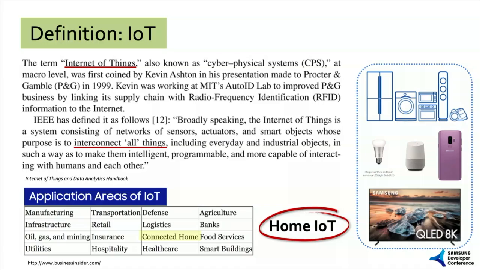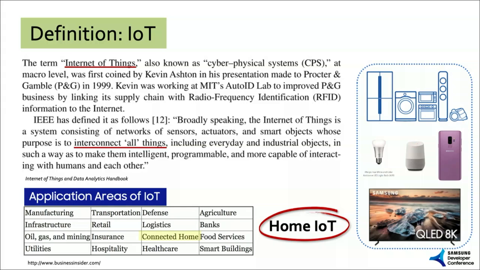Today, I'm going to talk about how we take advantage of our cloud platform to enable data-driven AI services, including Bixby, on our smart appliances. Okay? So, I'm sure everybody knows what IoT is. IoT stands for Internet of Things.